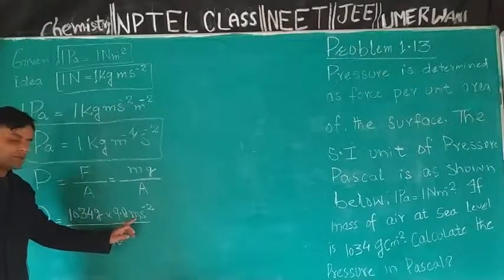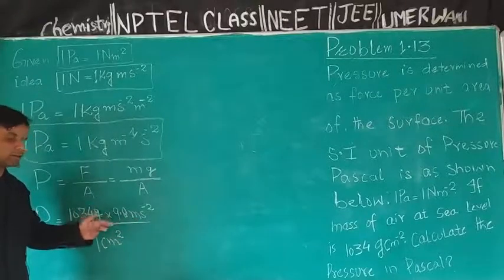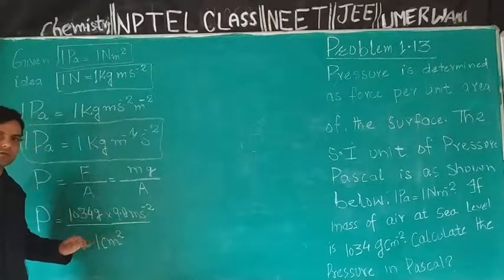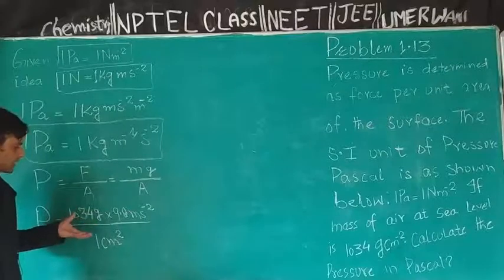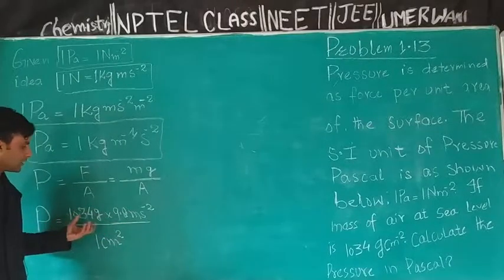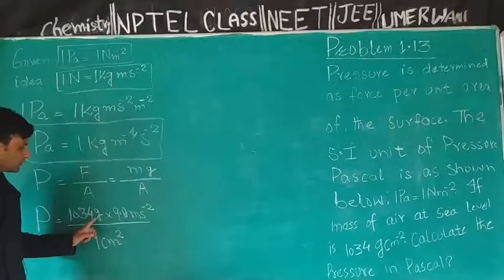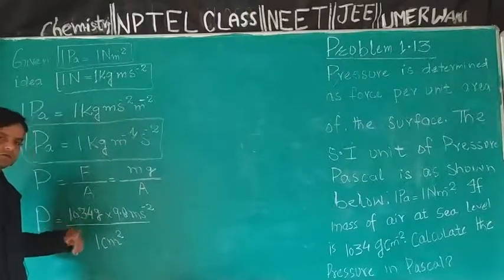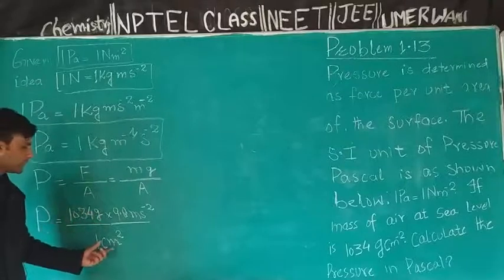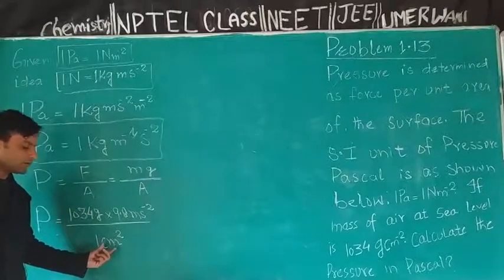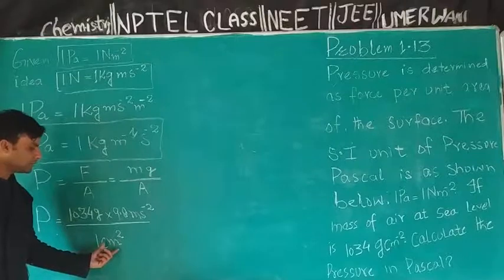However, meter is the unit of distance and second is the unit of time in the SI system. So I will express all the values in SI units: mass in kilograms and area in meter square.